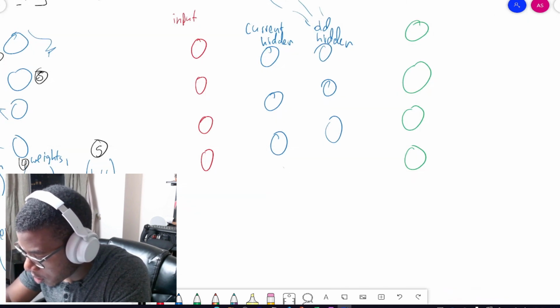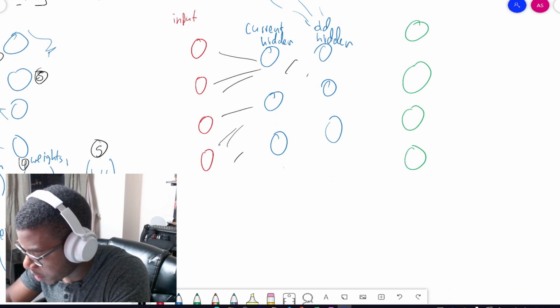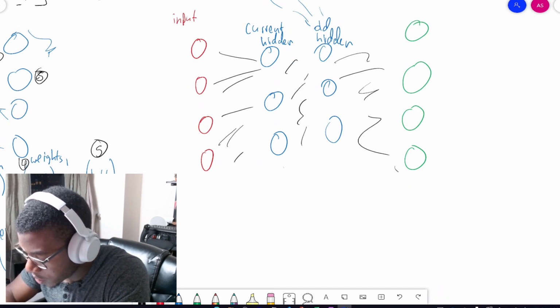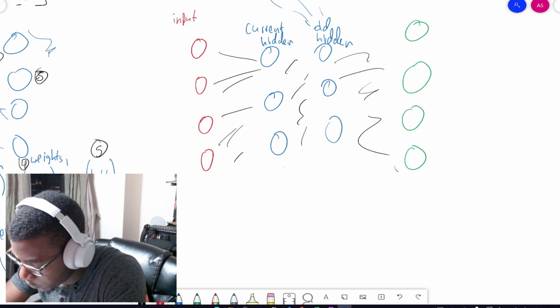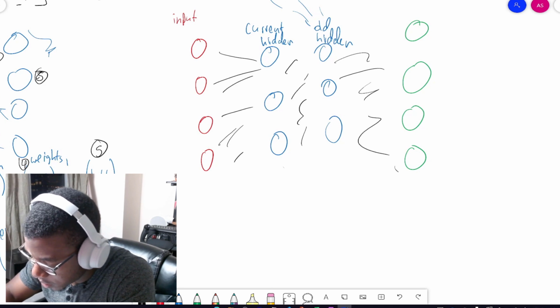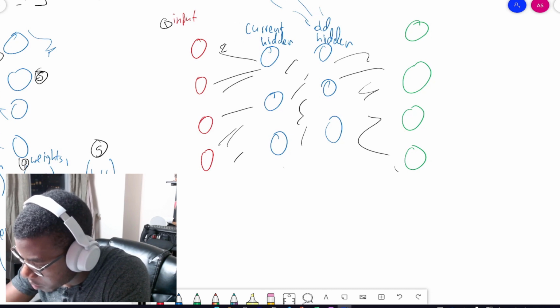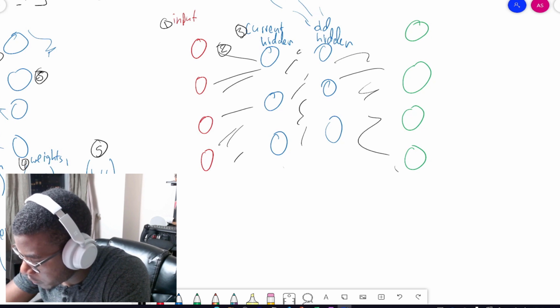And so then we have our weights or whatever between all these guys. And so our input will be, for the purposes of our Excel, actually, let me also just label them. So this would be 1. The weights here would be 2. This would be 3. Weights here would be 4.